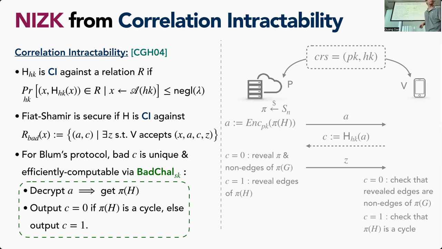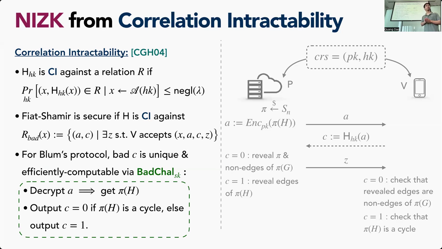Okay. Wait, why are you caring about the case where there is a cycle? Oh, because the prover may cheat by just not committing to a cycle at all, like committing to some other graph. Okay.